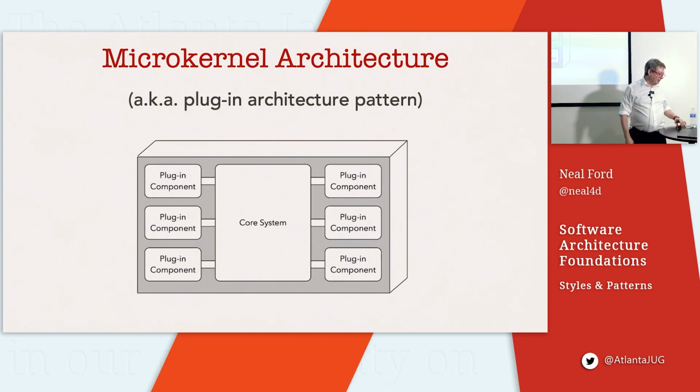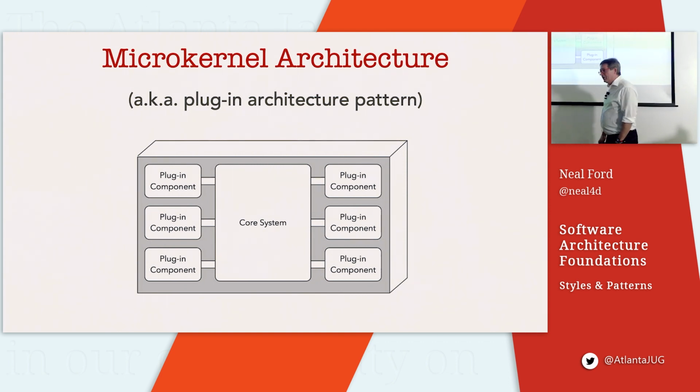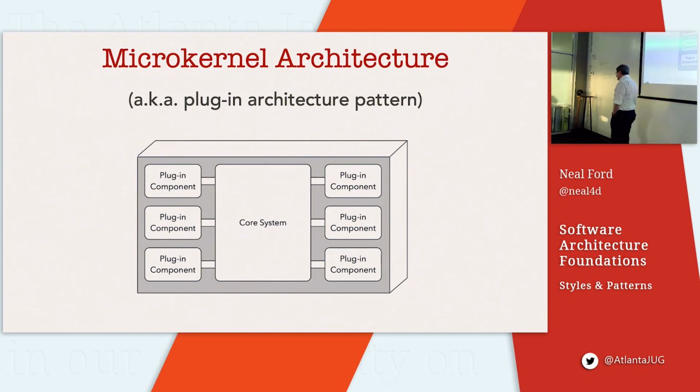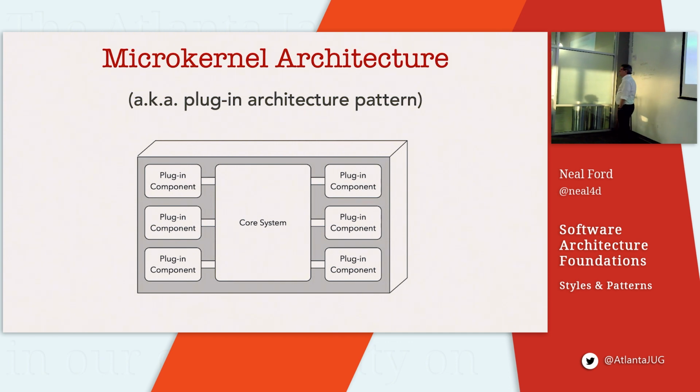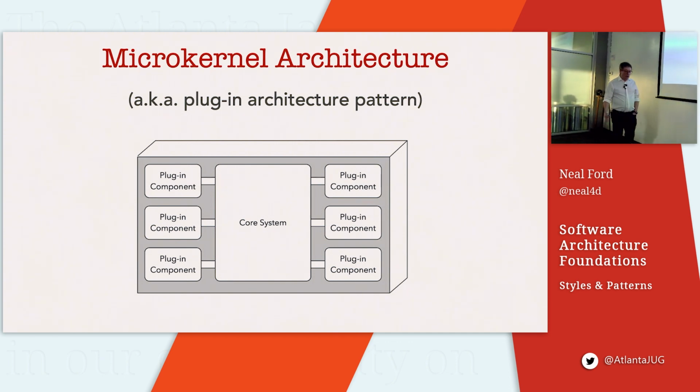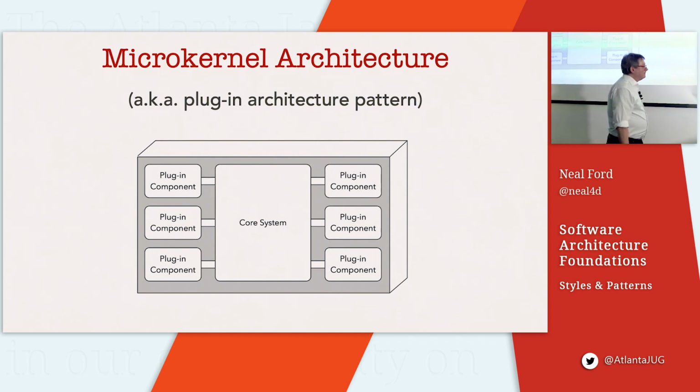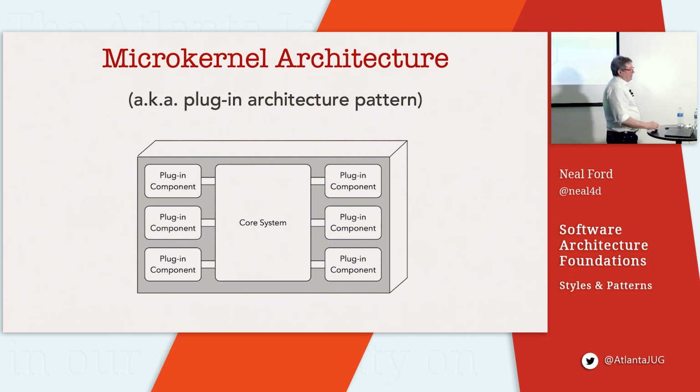So let's look at another mostly monolithic architecture style, the microkernel architecture, which is also known as a plug-in architecture. And this one has 2 primary components. It's one of those architecture styles that once you've seen it, you start seeing it everywhere because it's so commonly used in tools and business applications, etc. The 2 primary components in microkernel are the core system, which is designed to change very little.